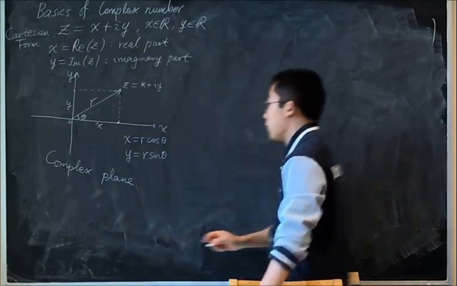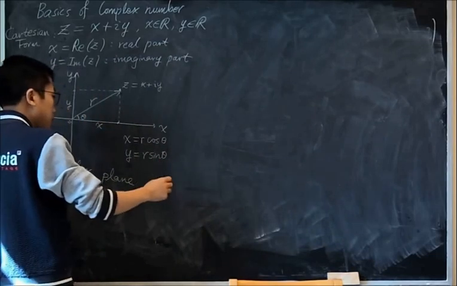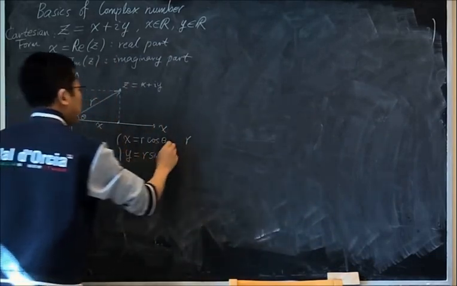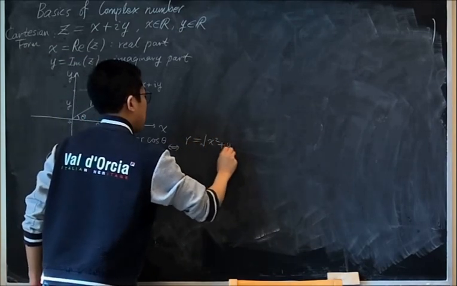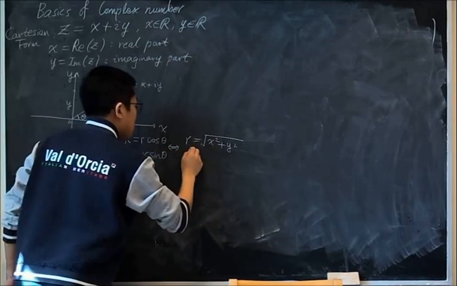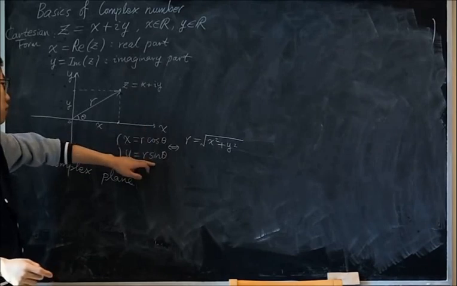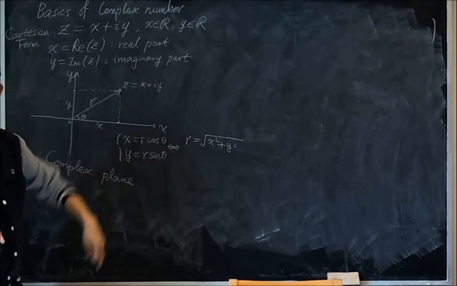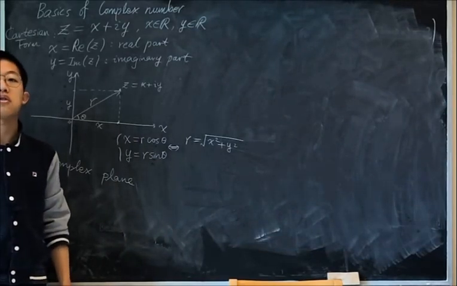Right? Okay, so of course I can write the inverse relationship: if I know x and y, then r equals the square root of x squared plus y squared. And for theta, if you divide the two equations, sine theta over cosine theta, that's tangent theta. So tangent theta equals y over x. But here, I don't really want to write theta equals arctangent of y over x.